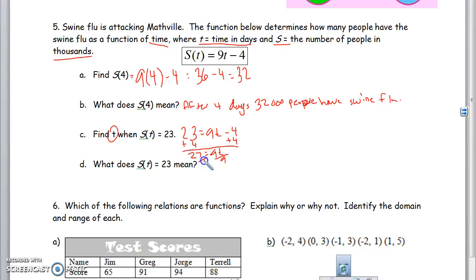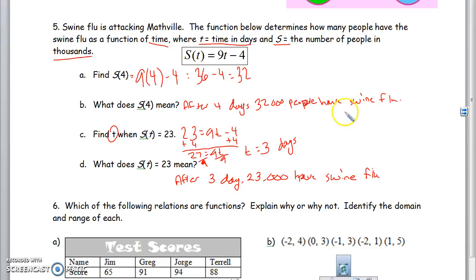Divide by 9, and t will equal 3, so 3 days. So what does that mean? After 3 days, 23,000 people have swine flu. Kind of morbid there.